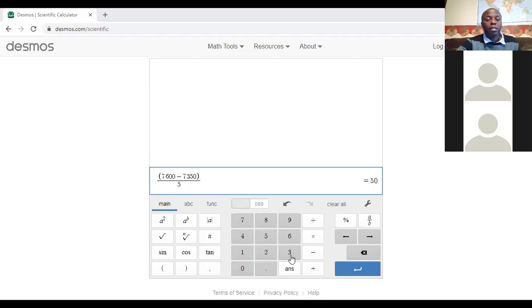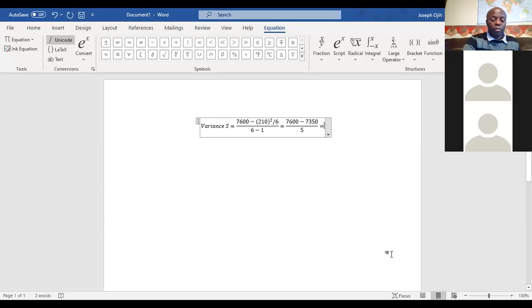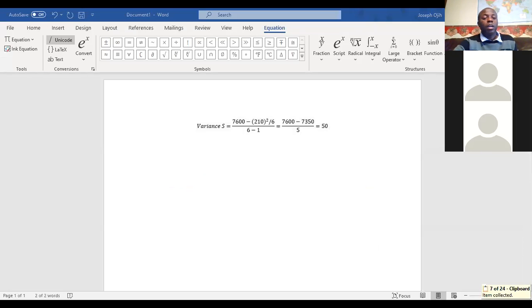So the variance is 50. I put it here and copy it to the main workbook. You can see why I call this method a shortcut, because it gives you the result right away.